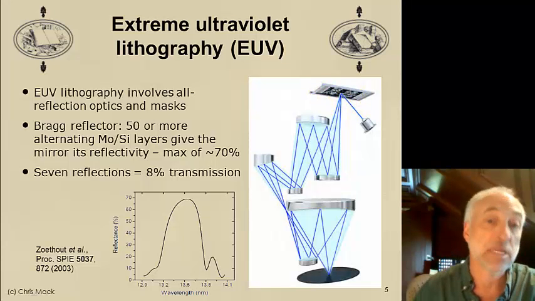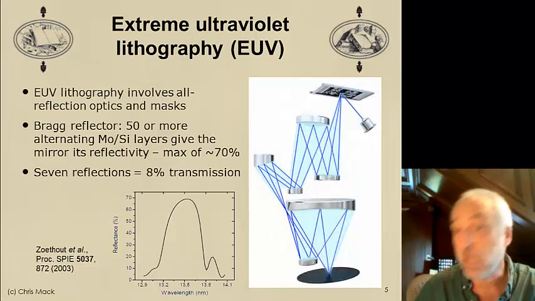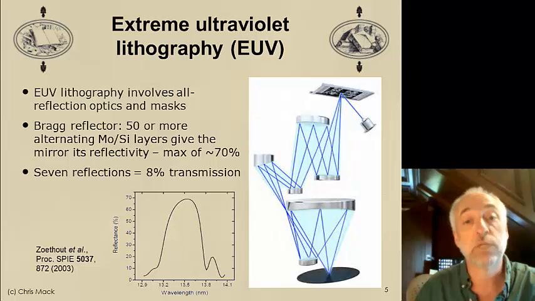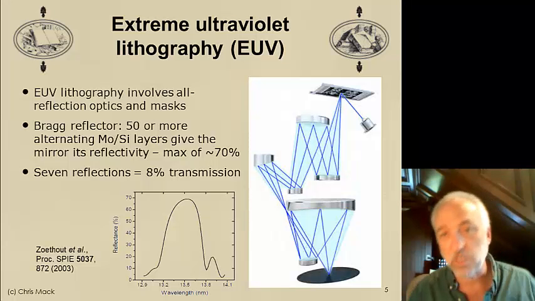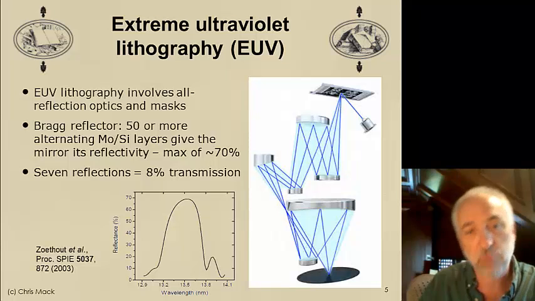It has a maximum of 70% reflectance. So all 7 of those reflections give an 8% transmission. But there's also 4 mirrors in the source system, which has a total transmission then of 25%. So the total transmission from intermediate focus to the wafer is less than 2%, approaching 1%.